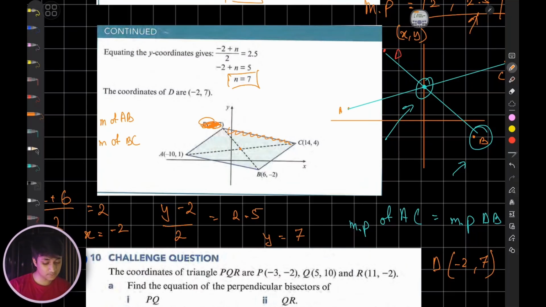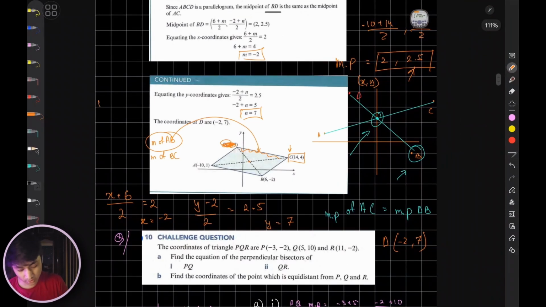So the gradient for AB also applies to this shaded line. Great. So you're going to use this C coordinate and the gradient of AB to form a straight line equation, which I'm pretty sure you already know how to do. You're basically going to write it as y minus y1 equals m times x minus x1.